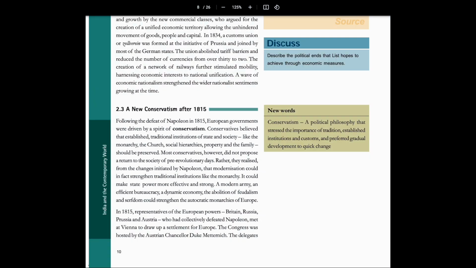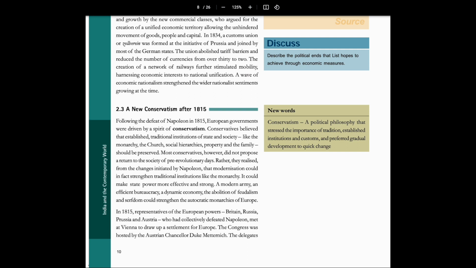2.3 A New Conservatism after 1815. Following the defeat of Napoleon in 1815, European governments were driven by a spirit of conservatism. Conservatives believed that established traditional institutions of state and society, like the monarchy, the church, social hierarchies, property, and the family, should be preserved.